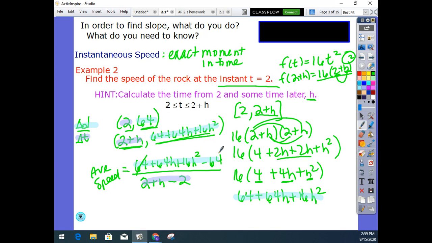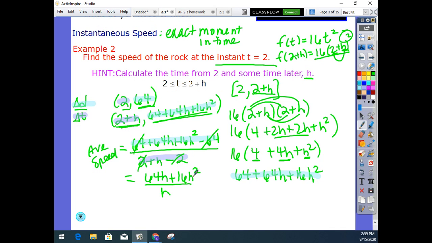So the 64s cancel, the 2s cancel. I get 64h plus 16h squared over h. Do you notice in the top there is a GCF of h, so we can factor out an h and then cancel the h.